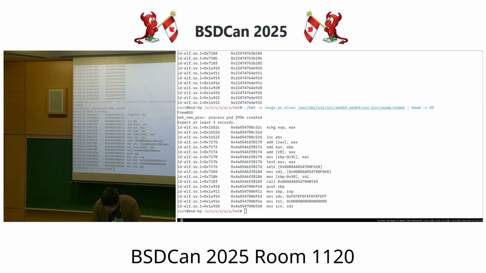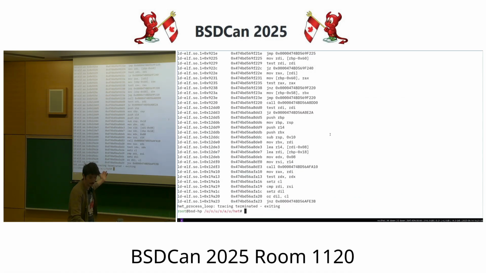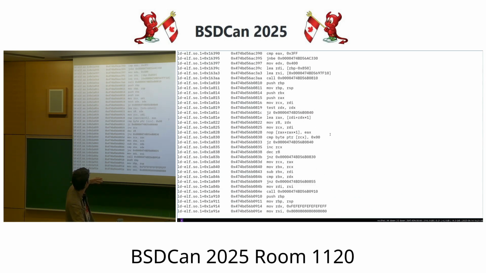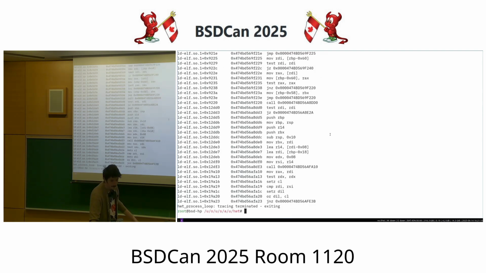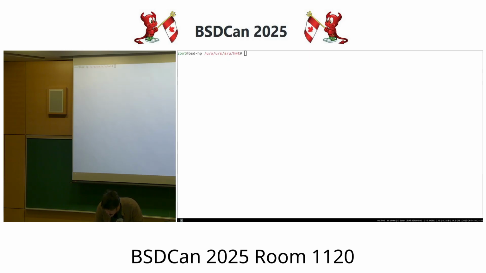So obviously, I have been truncating the output this whole time, because if I do this, it goes on for a while, right? There are a lot of things going on. So one of the things that you might want to do is have a way of filtering.